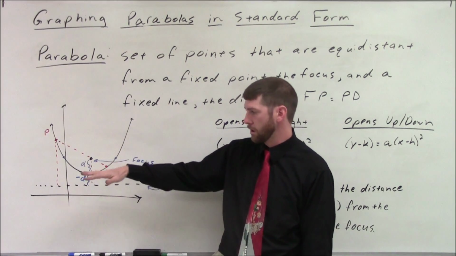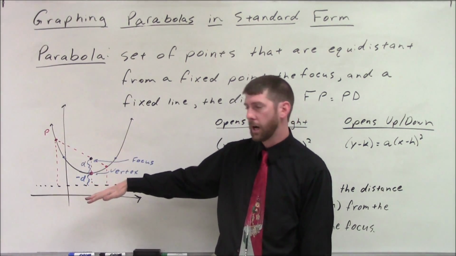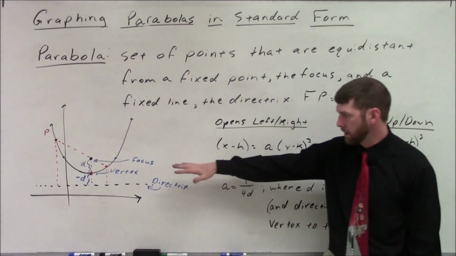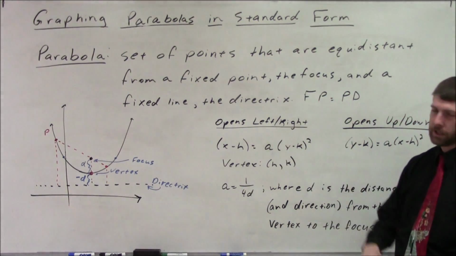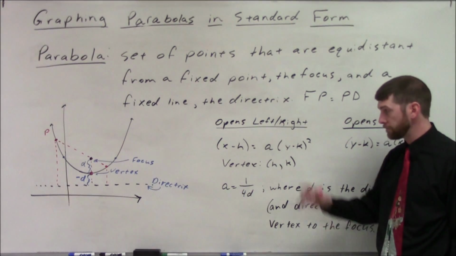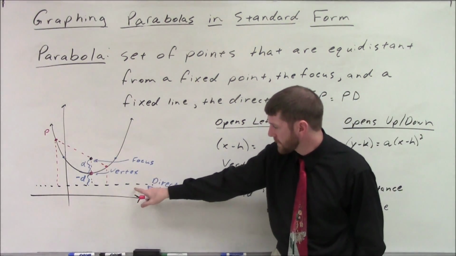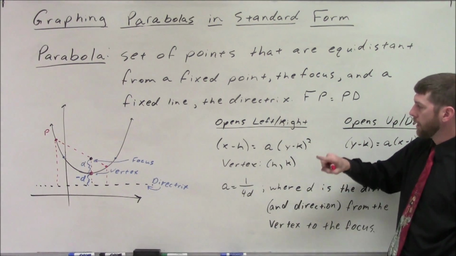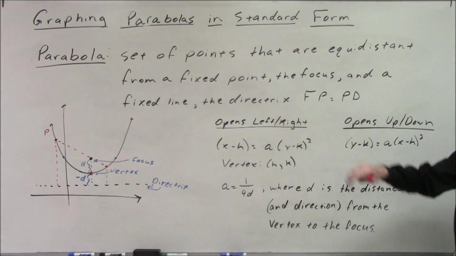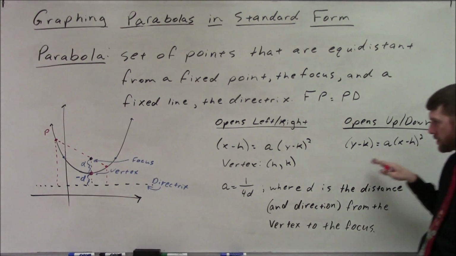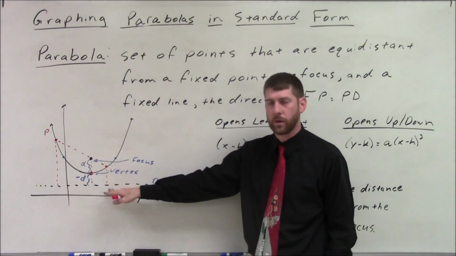So directrix is either going to be a horizontal line as we get in the opens up or down, or it's going to be a vertical line as we get in the opens left and right. So what we should recognize, hopefully, is that if we have opens up and down like this graph does, we have a y equals a times x minus h squared type of equation. We have a y equals directrix.